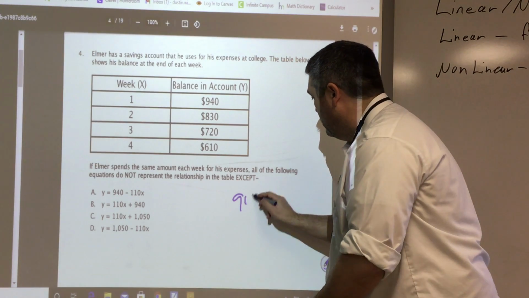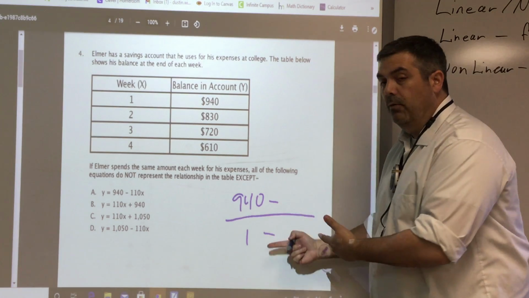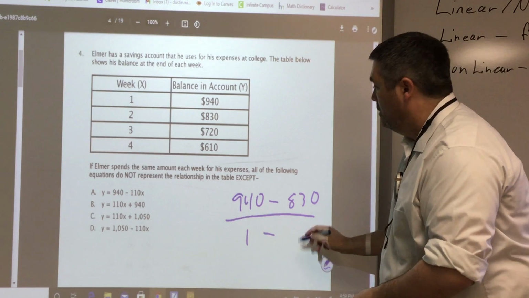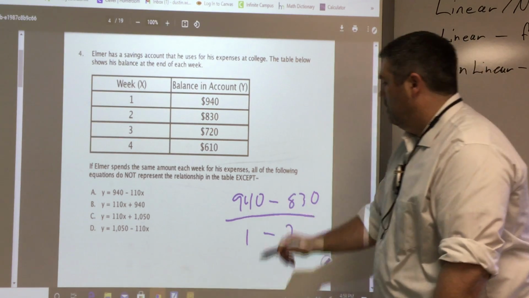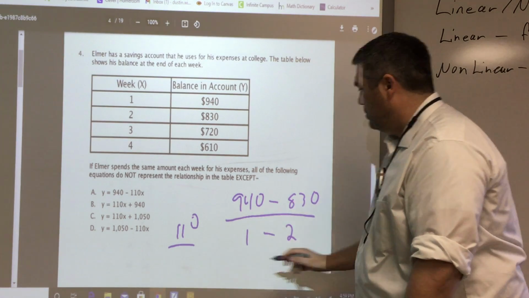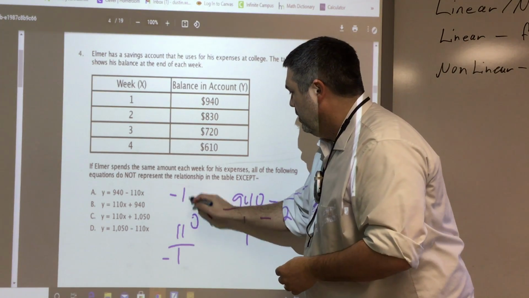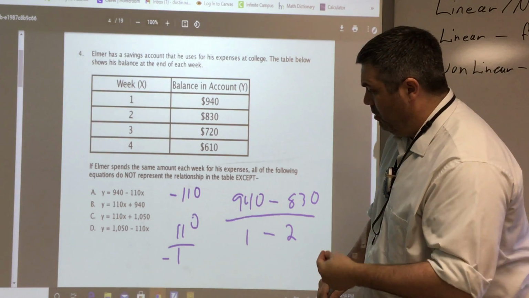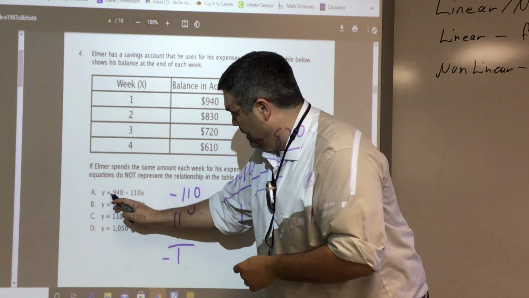So 940, 1, minus, minus, slope formula, that's all this is. 830, 2. 940 minus 830, you get 110 over 1 minus 2, which is minus 1. So it's going down 110 each week. So our slope is minus 110, minus 110x.